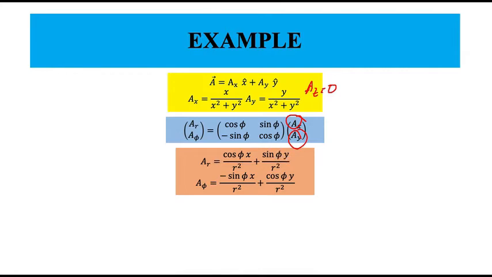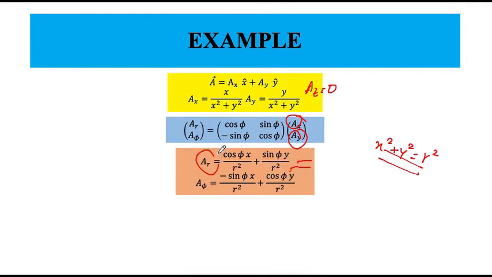Okay, and you are going to get Ar equal to this equation by putting in the Ax and Ay values. But I also know that x square plus y square is actually r square in the cylindrical coordinate system, and I am substituting that also in Ax. So Ax is x by r square and Ay is y by r square.